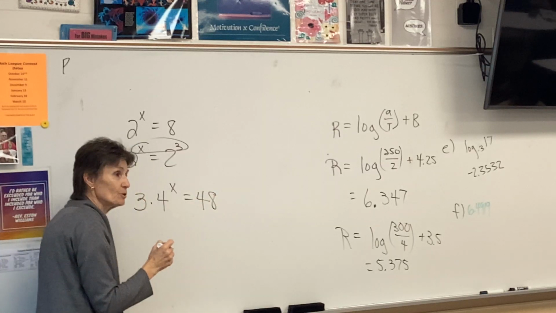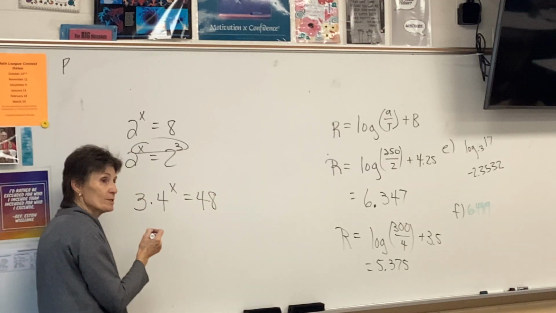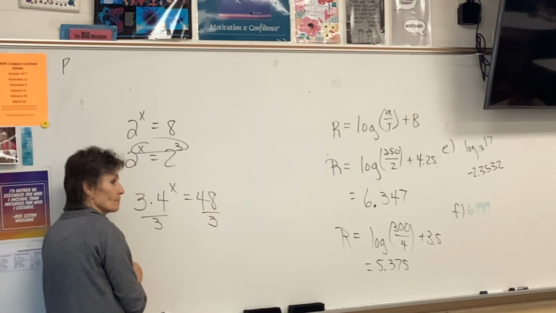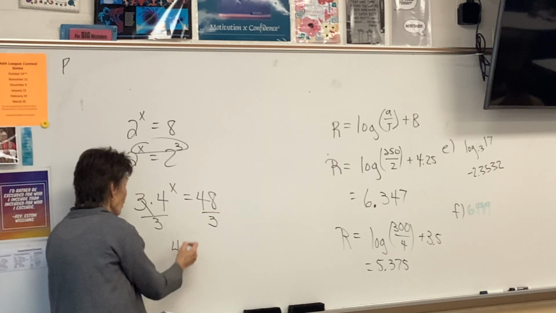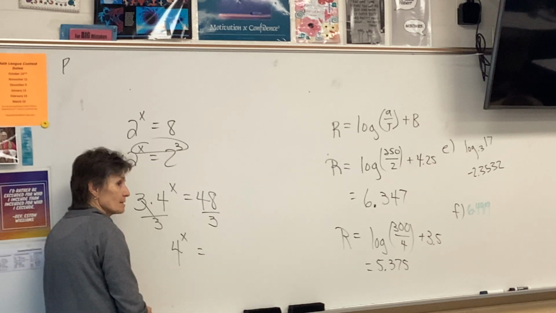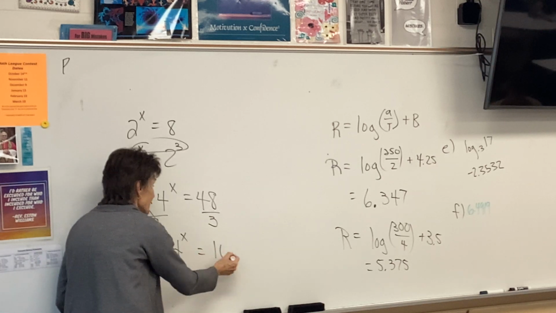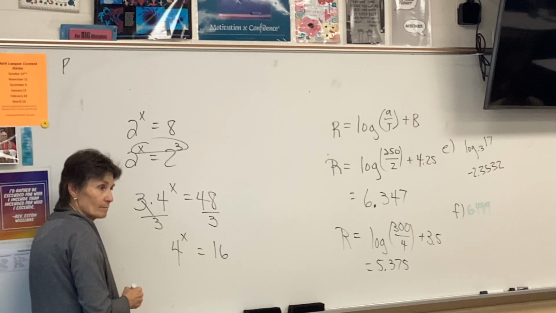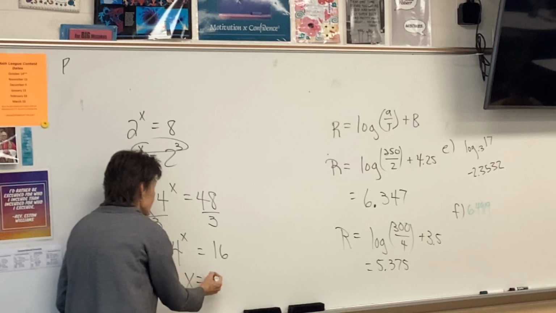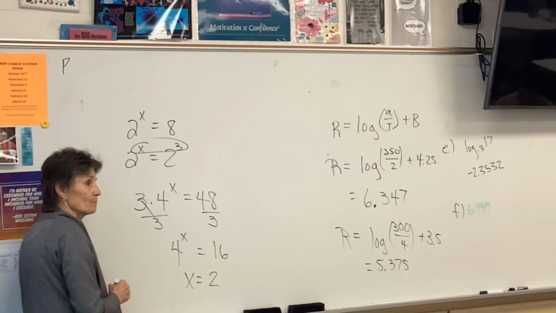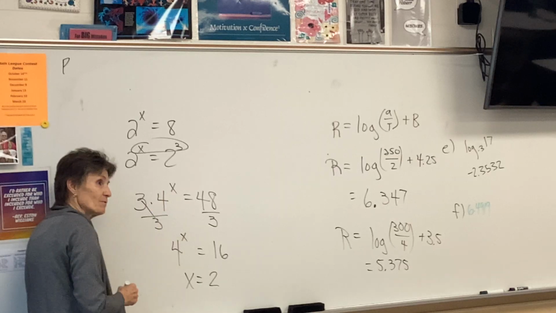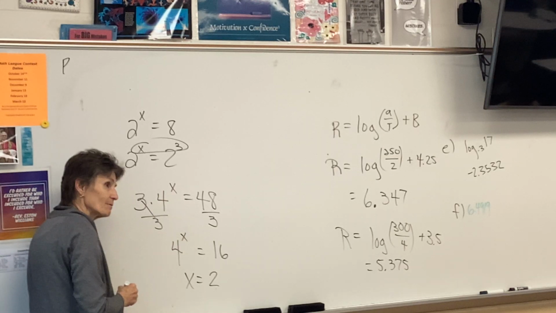Let's go through the steps. Divide by 3. So 4 to the x equals 16. Yeah, you can just guess numbers and fill in, but what if it's 1.5?